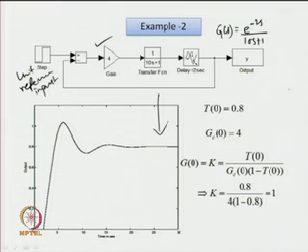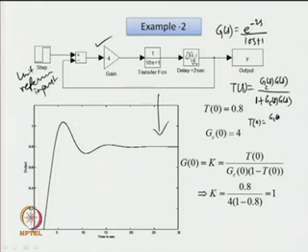Again, using the relationship that the closed loop transfer function T(s) is given as GC(s)G(s) upon 1 plus GC(s)G(s), when we take the limiting value, T(0) becomes GC(0)G(0) upon 1 plus GC(0)G(0). Solving this, we get the expression for G(0).